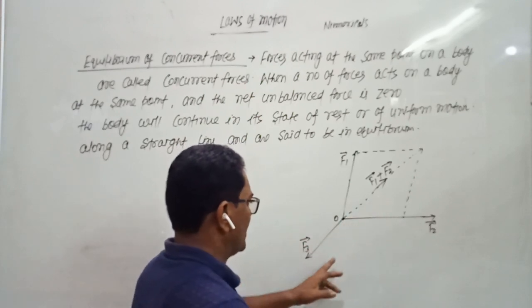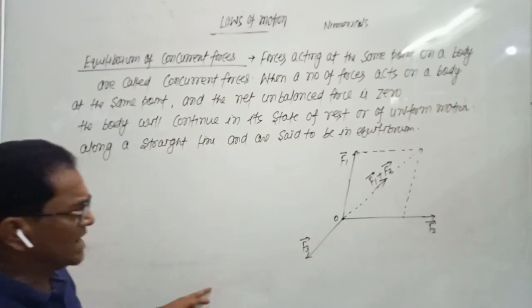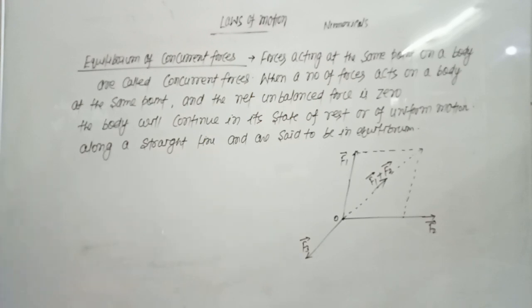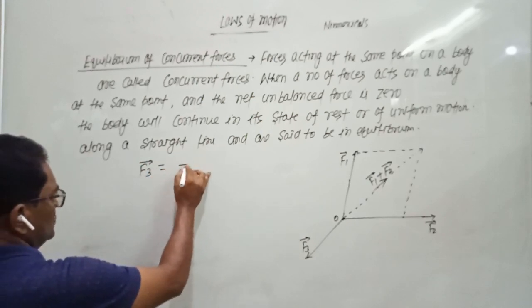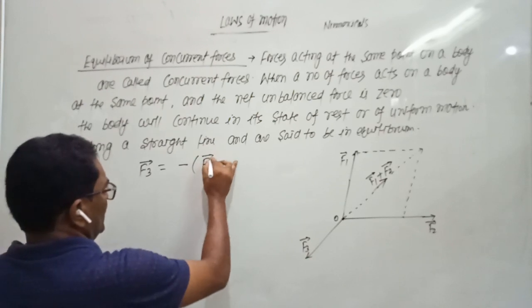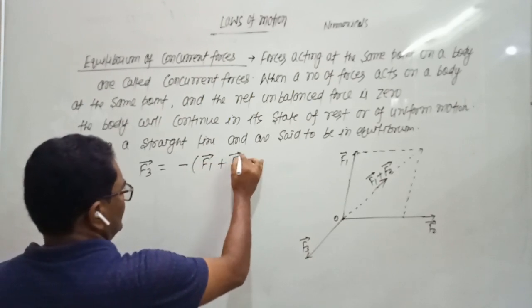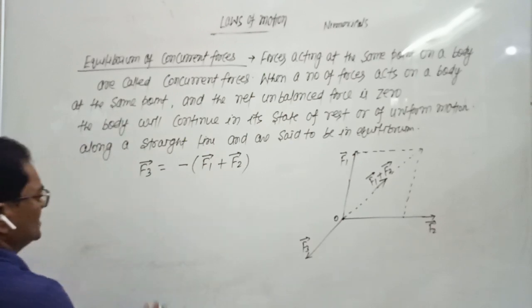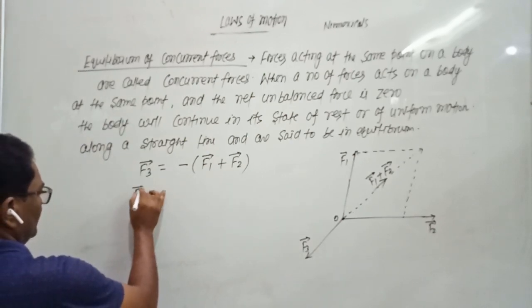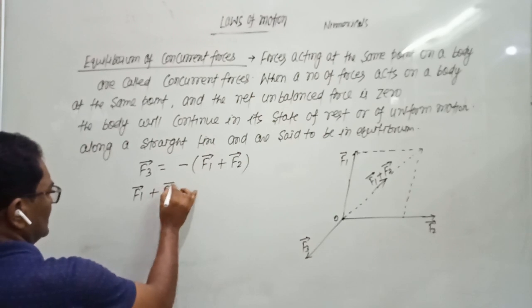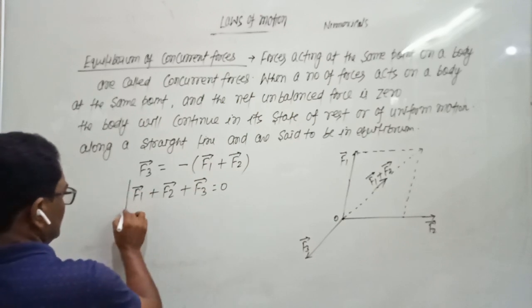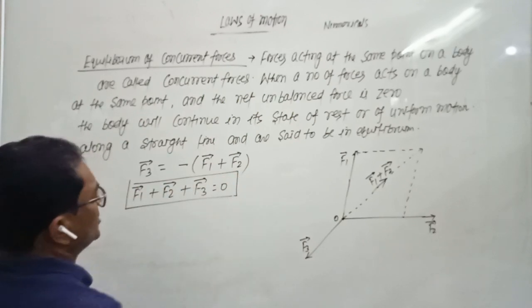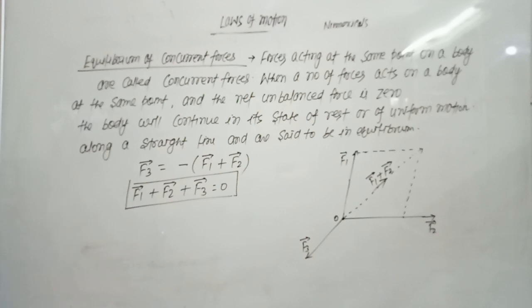The direction of F1 plus F2 is directly opposite to the force F3. So we can write that F3 vector equals minus of F1 vector plus F2 vector. And when that comes to the left side, it becomes positive. So F1 vector plus F2 vector plus F3 vector equals 0.